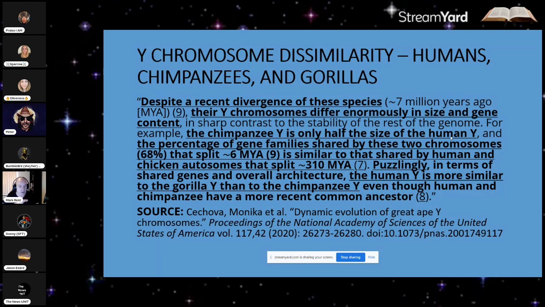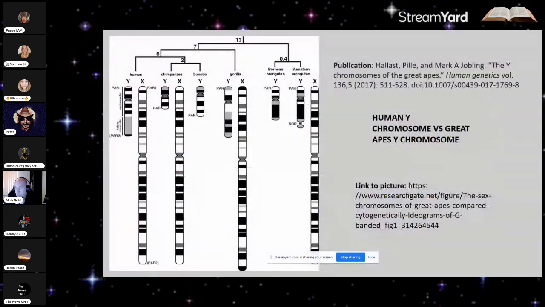So more than 7. Okay, well, Donny, your own paper goes on to say that dissimilarity between the Y chromosomes does not equal dissimilarity of gene content. You know that it says that, right? The gene content within the alignable regions, you're saying? Yes.